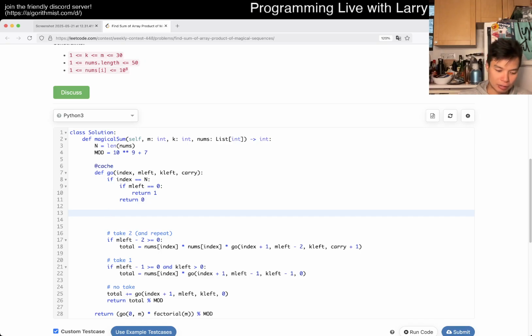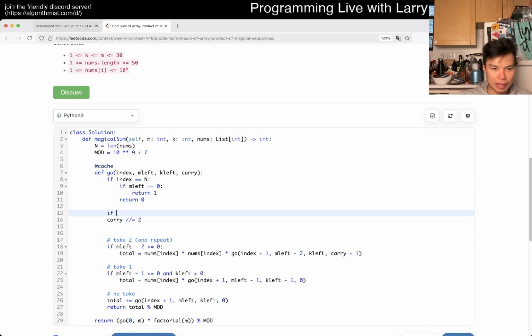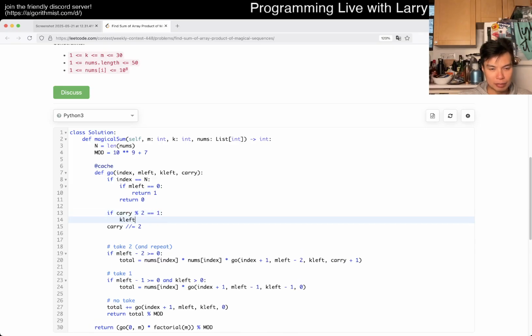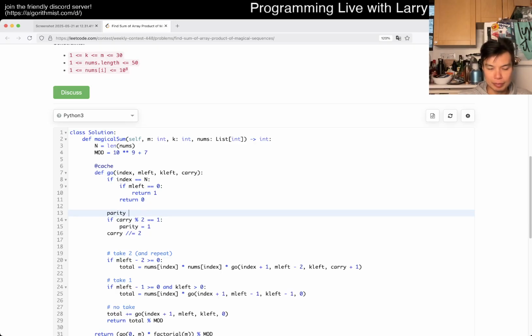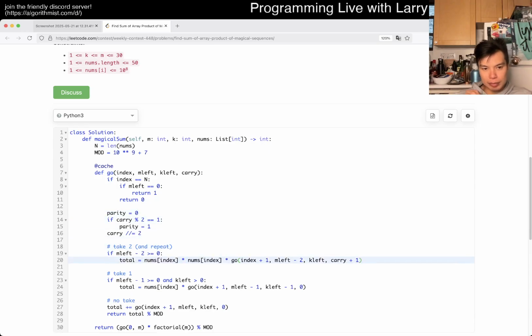K left, that's all it does, right? So that means that, okay, carry divided by 2, and then basically if carry mod 2 is equal to 1, then K left we decrement by 1. Well, depending on what we do, right? Okay, so then that means that parity is equal to 1, say, right? And then now here, yeah, we take 2.